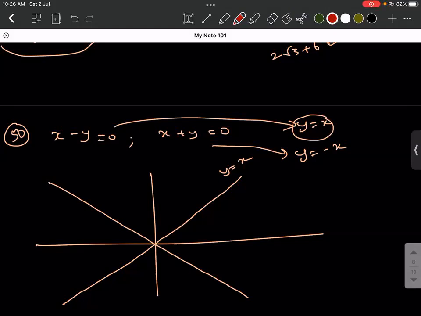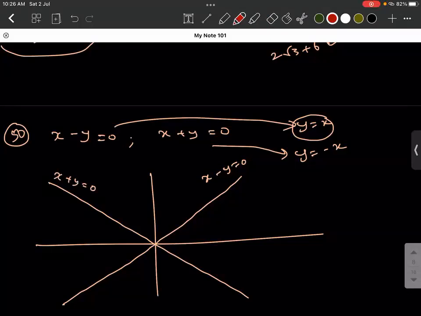Same sign is possible in first and third quadrant. And I told you in the previous class that any line without a constant added to it will always pass through origin. So it is passing. Okay. So this is y is equal to x and this is y is equal to minus x. Or to be more specific, this is x minus y is 0.